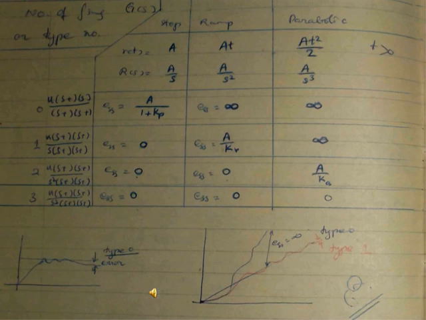For the ramp function, e_ss equal to 0, and the parabolic function, e_ss equal to 0. So this is for the steady state output function equation in the time domain and the frequency domain, as well as steady state error magnitude for step, ramp, and parabolic functions. Those things are summarized in the table.